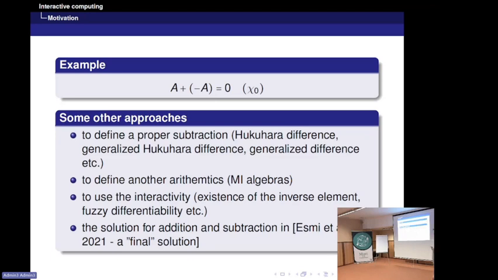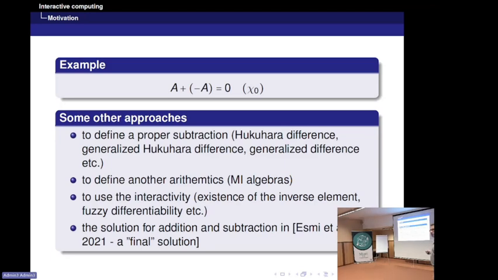And there are some approaches that could solve this problem. For instance, several ways of fuzzy subtractions have been defined: Hukuhara difference, generalized Hukuhara difference, and so on. Also, some different theories can be defined. For instance, Michal Čapek and Martina Štěpnička created this theory of MI-algebras, and they somehow use that.